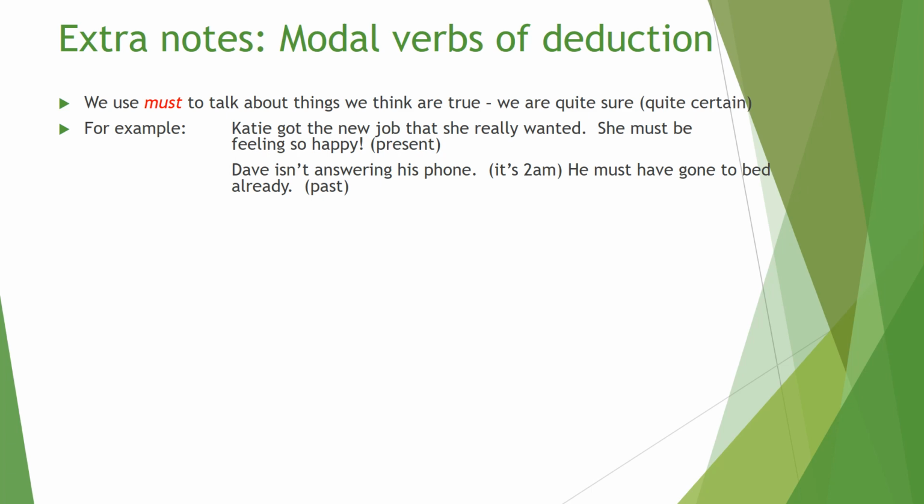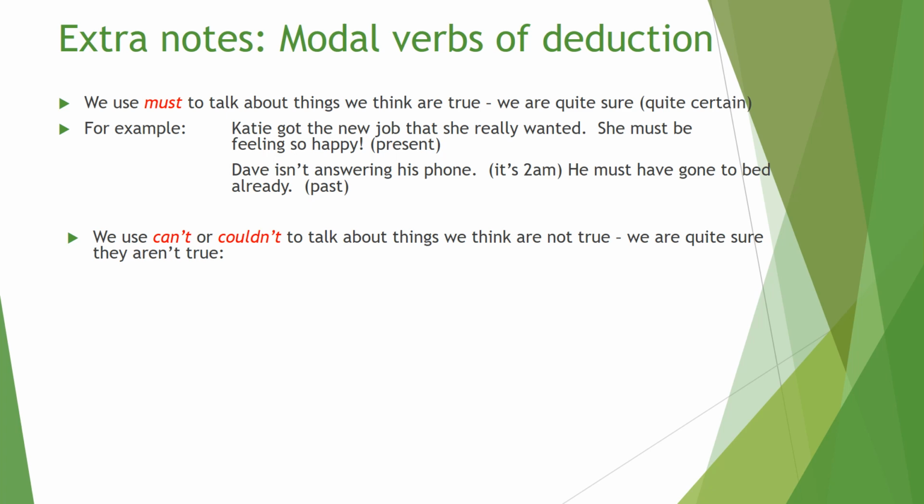She must be feeling so happy. That's the present tense. Let's have a look at the past tense. Dave isn't answering his phone. Okay, well it's 2 a.m, so he must have gone to bed already. And that's in the past tense. So we use must when we are very sure that we are right.